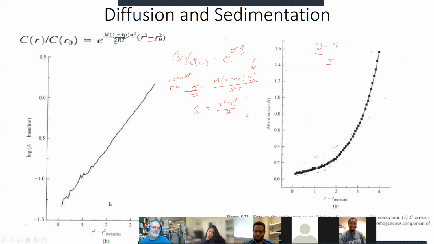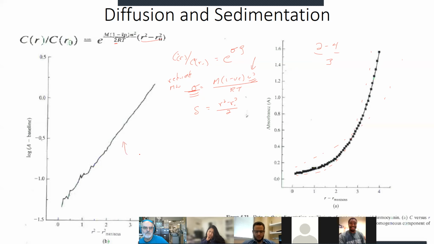So if I plot this as the logarithm of the absorbance or the signal, corrected for some baseline offset, there's usually some noise in the baseline, versus this R squared term, that's the equation for a straight line, and the slope of this should be proportional.